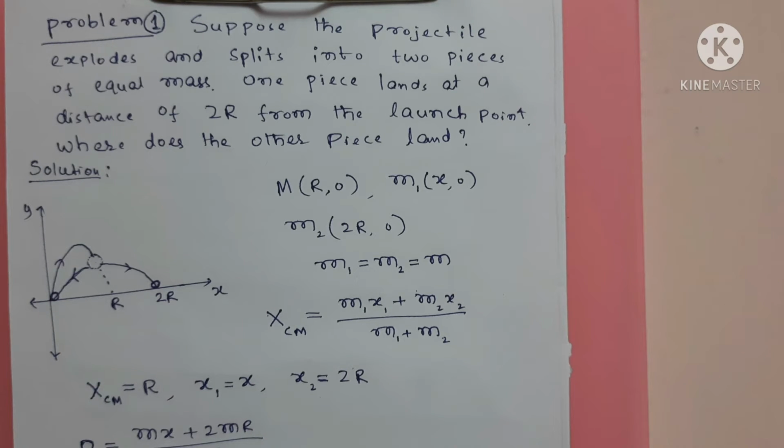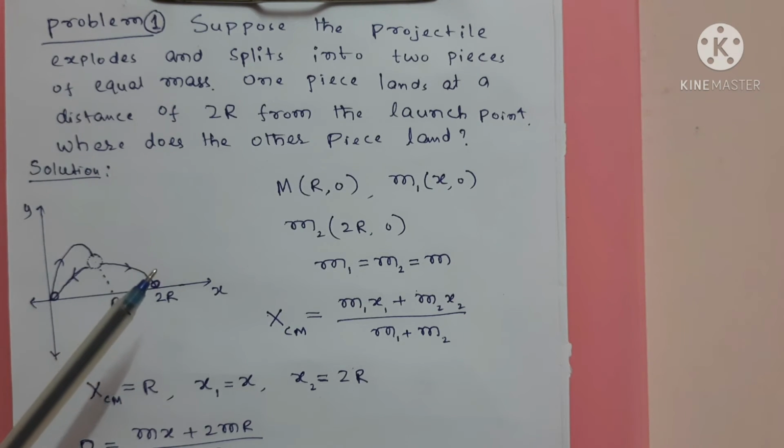By using the center of mass concept, we can solve this problem. Here the range of the projectile is given, that is R. One of the fragments after explosion has reached a 2R distance.